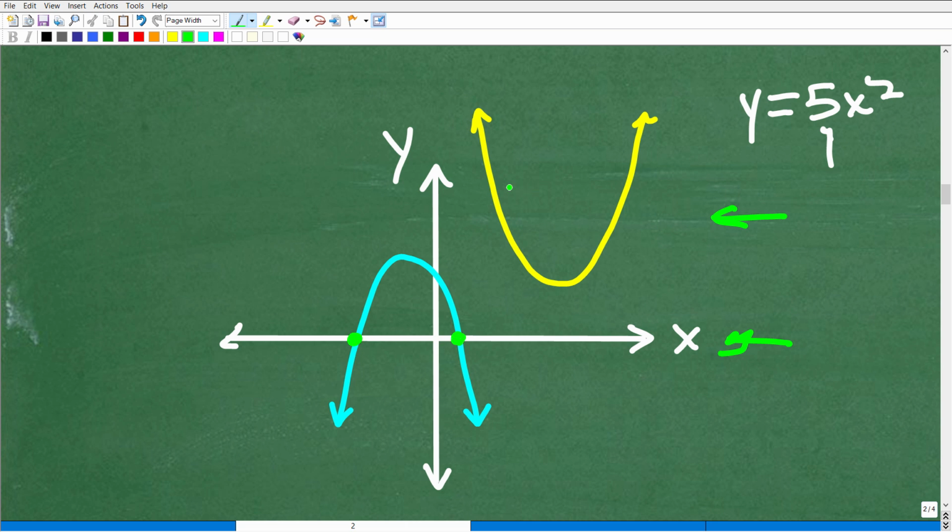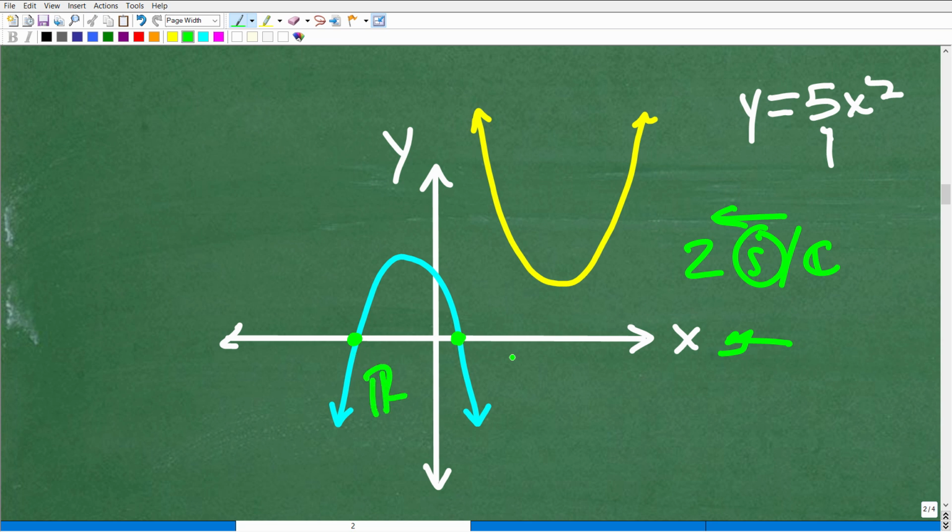Well, in this case, when your parabola does not cross the x-axis, these would be two imaginary number or complex solutions. I'm not going to get into that now, but again, all quadratic equations will have two solutions. Sometimes they'll be imaginary and sometimes they'll be real, like in this case right here.